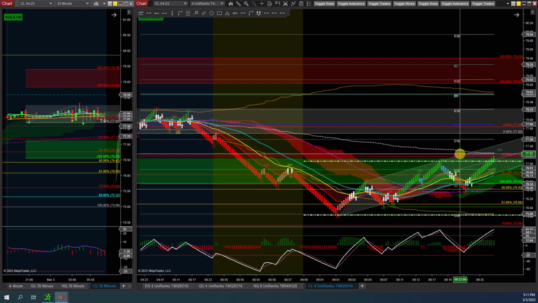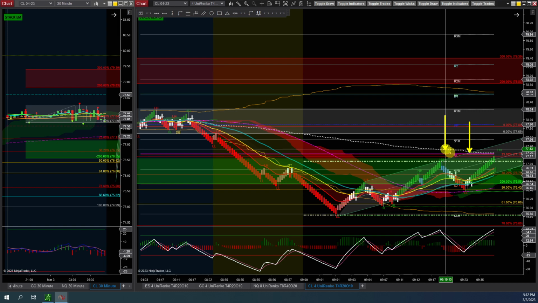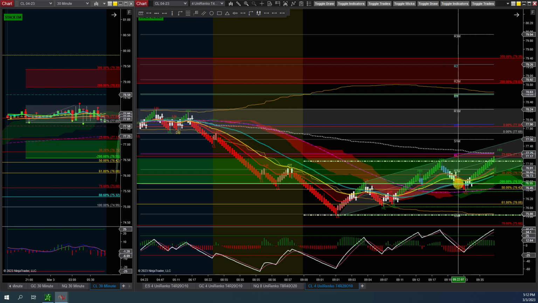So now the break happens right below the VWAP, and right below also the previous low. So I would wait a little bit and see if it really breaks this area right there, or this VWAP.